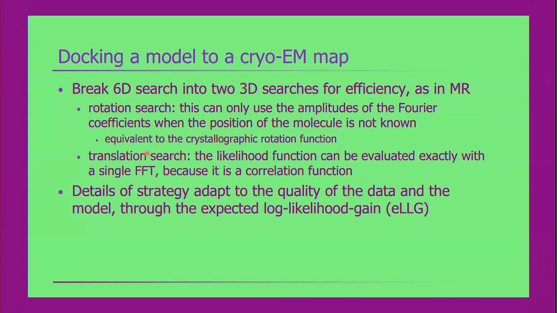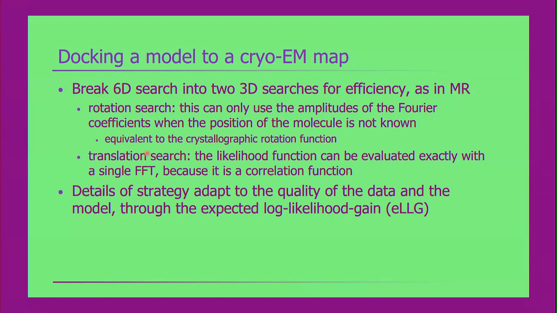And then if we want to dock a model into a cryoEM map, there's this question of the search strategy. We take the approach that's usually taken in molecular replacement, which is you break it into two 3D searches. So you do a rotation search, you find the orientations that are more plausible, that agree with the data, and then a selected set of those are used for translation searches to judge the fit to the map.